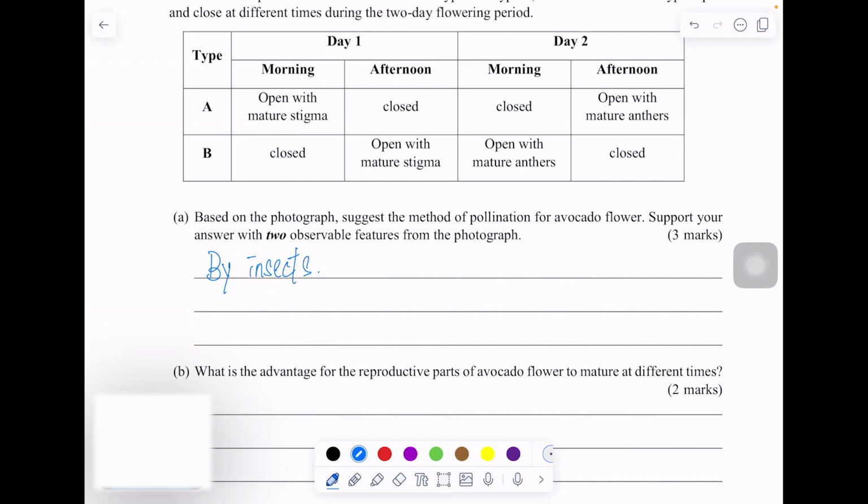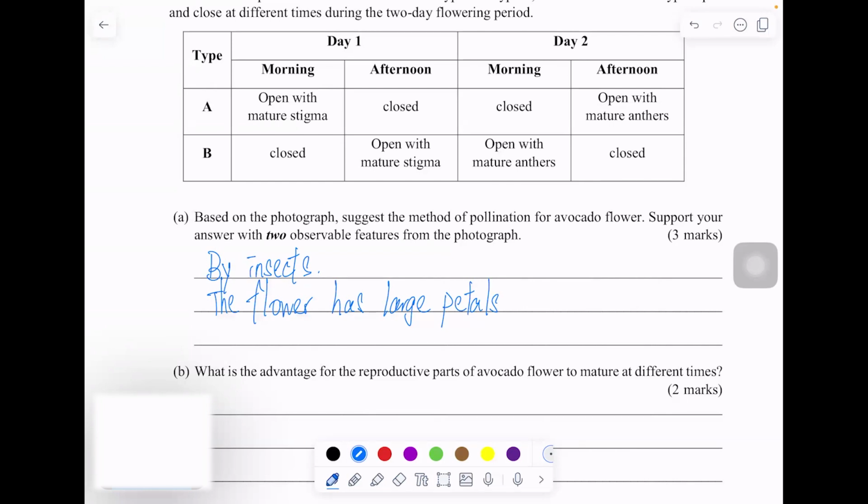Why? Because we can see that the flowers do have large petals. Of course, this would not be a really good observable feature, but in this case, one of the only features would be that it has large petals.